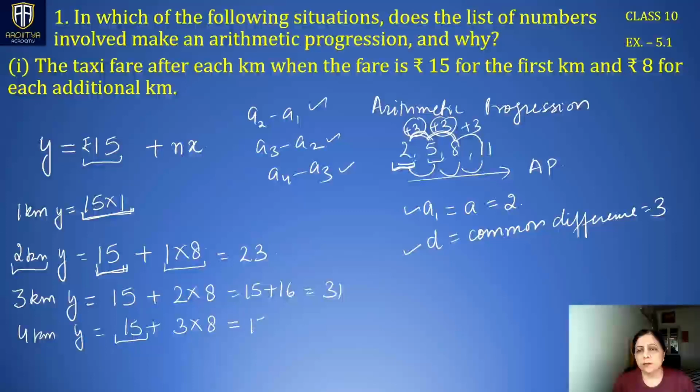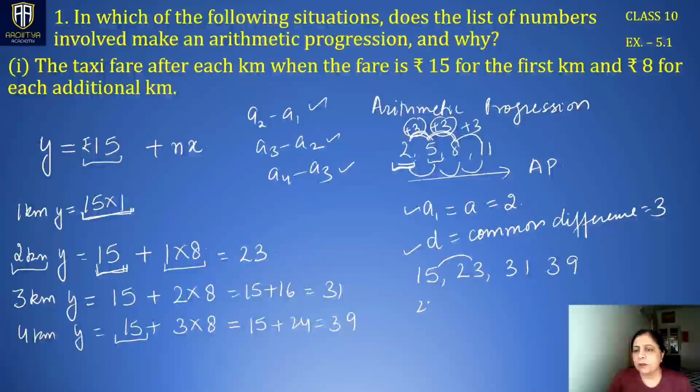That is 15 plus 24. This is 39. So the sequence here, what we have got is 15, 23, 31 and then 39. So check the difference here, right?